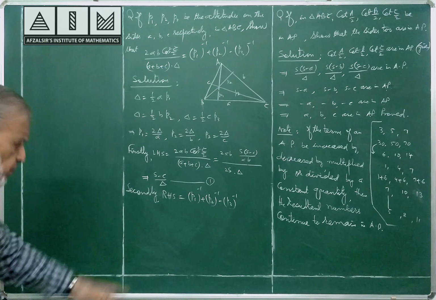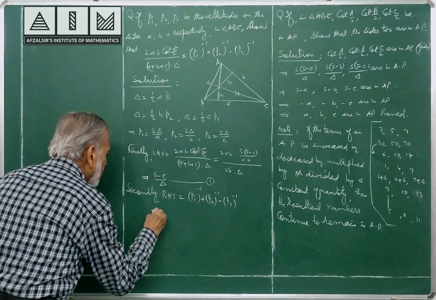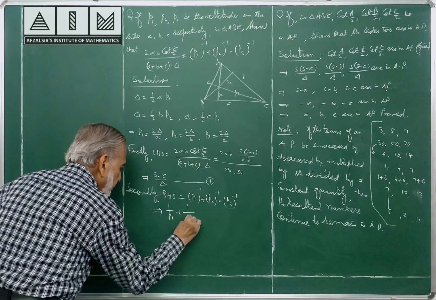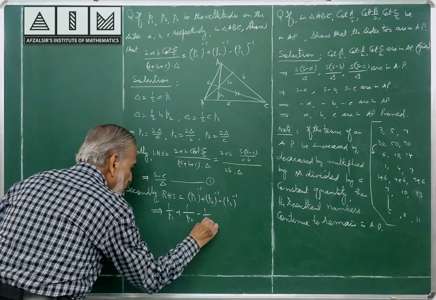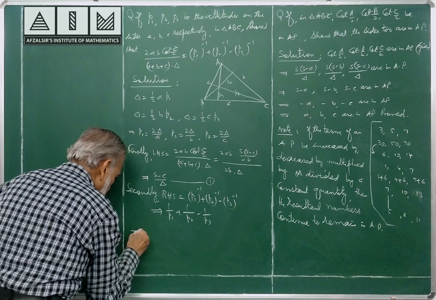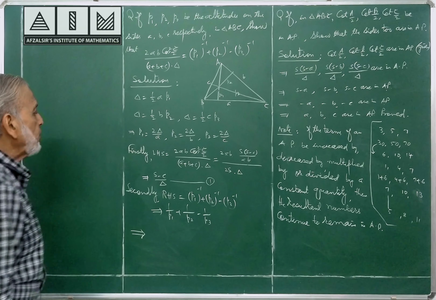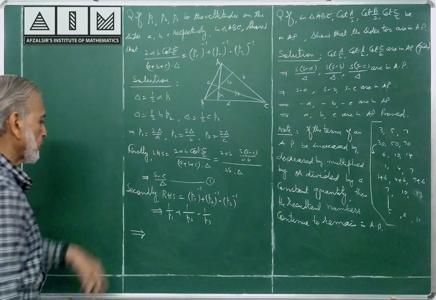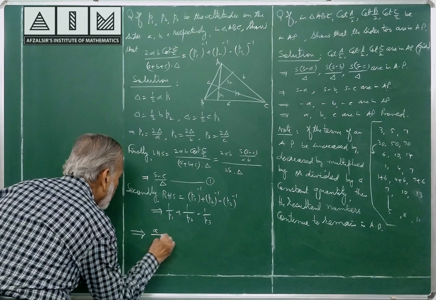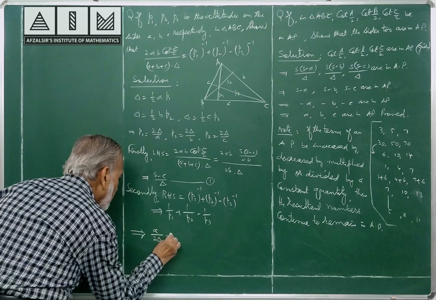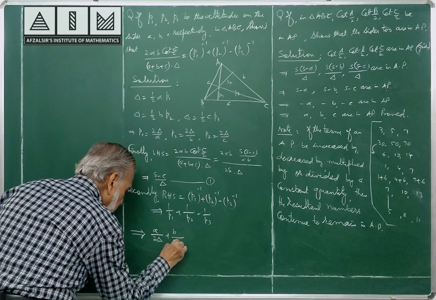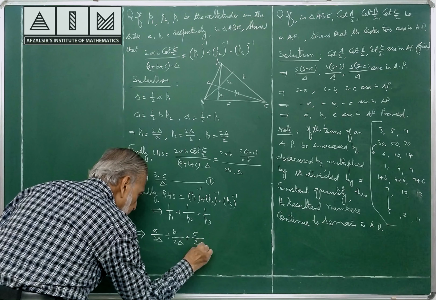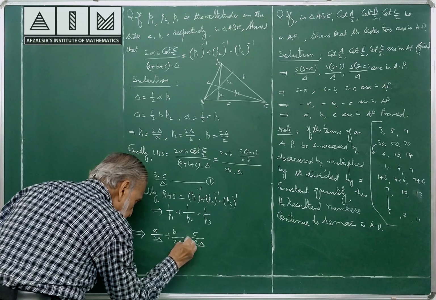P1 power minus 1 means 1 by P1, 1 by P2, 1 by P3. P1 is 2 delta by A. So 1 by P1 will be A by 2 delta, B by 2 delta, C by 2 delta. There is a minus sign here.